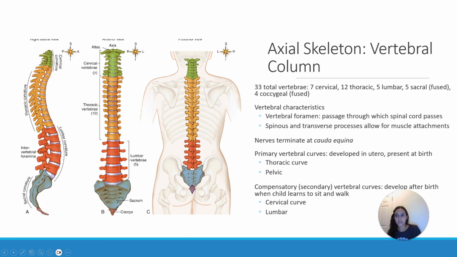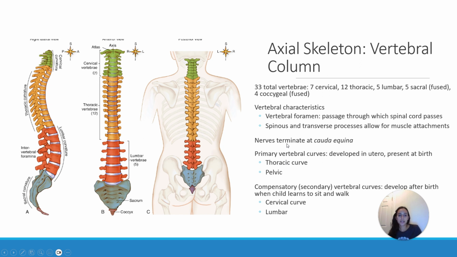That is where the spinal cord goes through. And then the spinous and the transverse processes allow for muscle attachment. In this view, you can see the transverse process sticking out on the sides. And in this lateral view, you can see the spinous processes sticking out through the back.